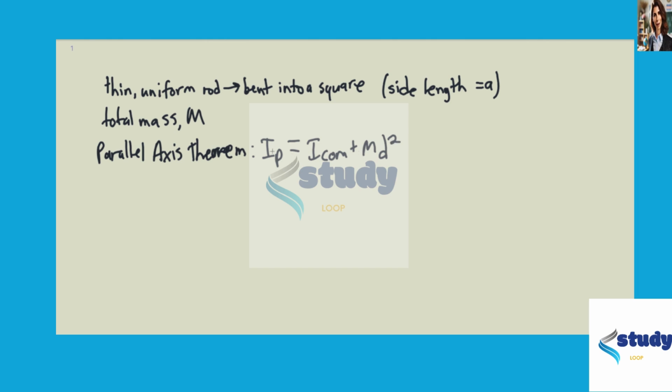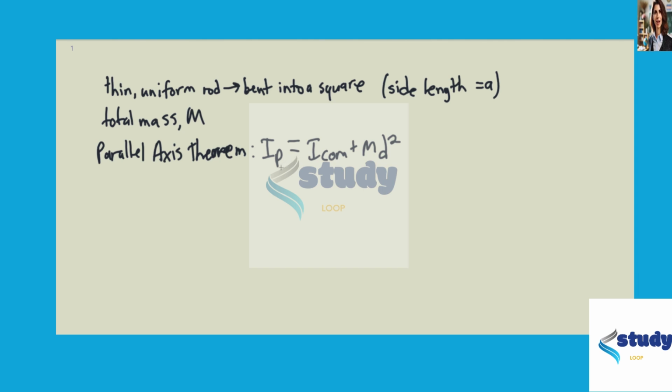this is the moment of inertia about a parallel axis, which equals the moment of inertia about an axis that goes through the center of mass plus the mass times d squared, where d is the distance between the axis going through the center of mass and the parallel axis that we're trying to find.